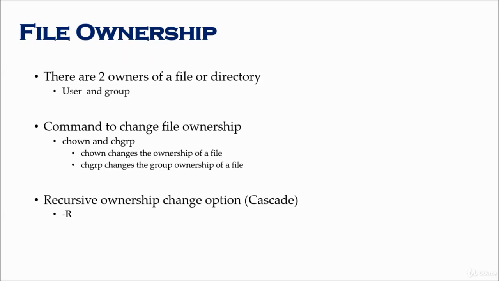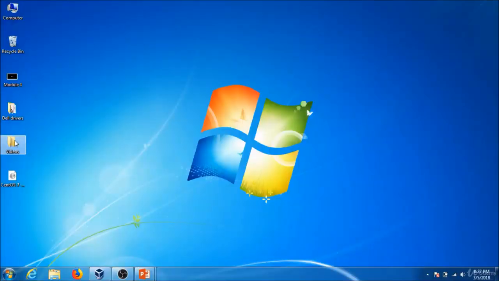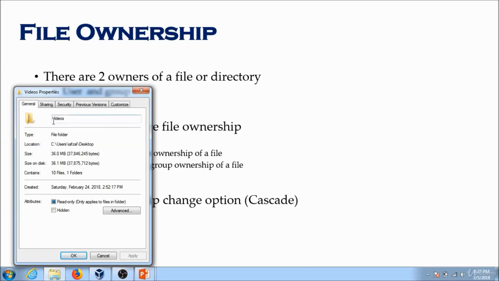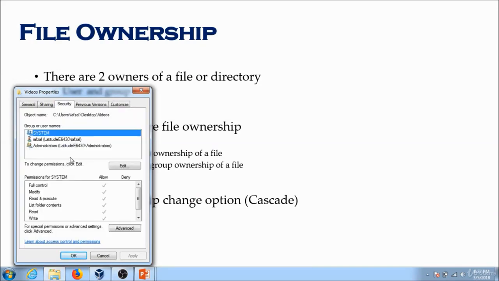If you look at the example of Windows, let's say we have this folder called videos, and when I right click and go to properties, you'll see that under security, this folder is owned by SYSTEM and Administrators, which are groups, and a single user, IFSol. So the groups, SYSTEM and Administrators, own this folder called videos, and the user who created that folder is IFSol.